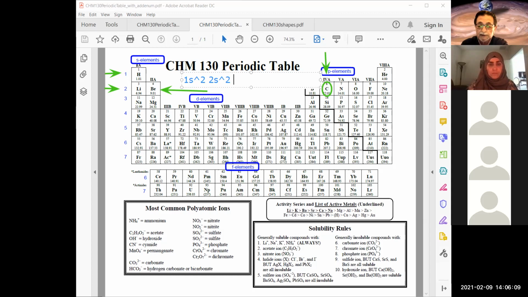Because I'm still in the second energy level, that is 2p superscript 2. So that caret is the superscript. Count the superscripts; I should have 6 up there. That represents 6 electrons.